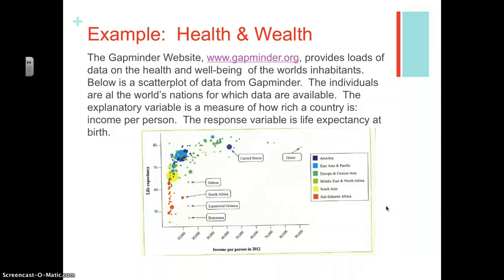It's not a linear pattern, which means we wouldn't be able to find a regression line to predict a value. So life expectancy rises very quickly as income per person increases. Then it levels off a bit. So that would suggest that it's not a linear relationship, but more of an exponential or power relationship.